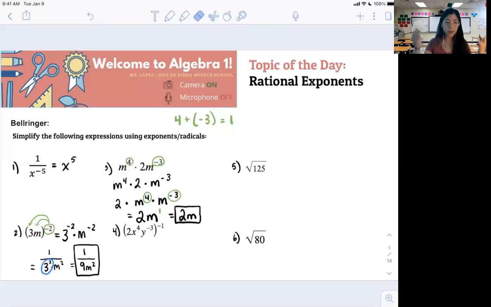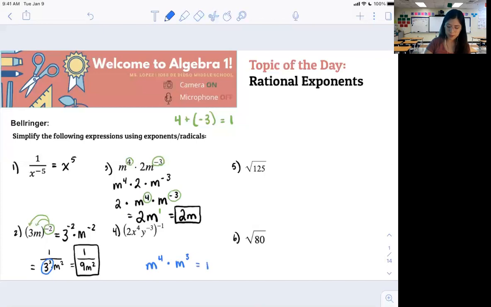So you are putting those 2 m's together, but remember what exponents do. Exponents tell you to do repeated multiplication. So it's kind of like, let's say you had m to the power of 4 and m to the power of positive 3.